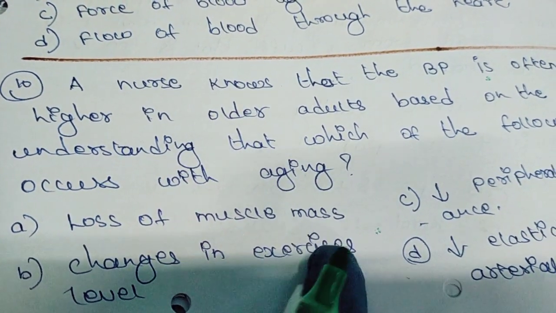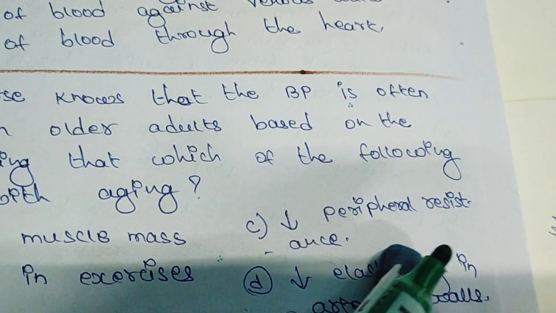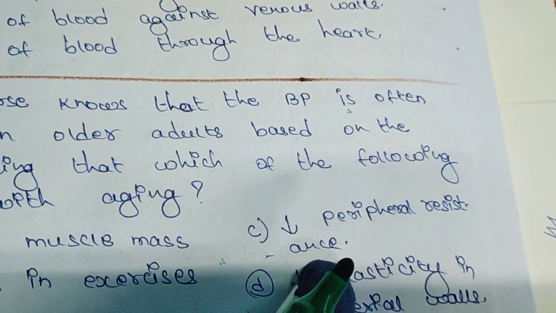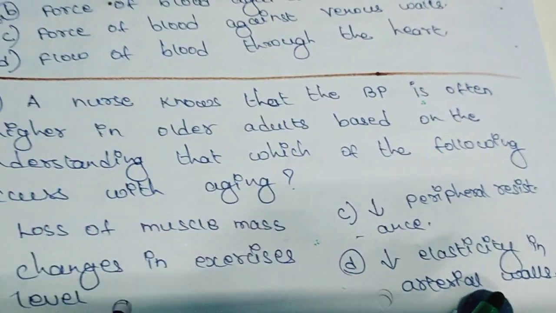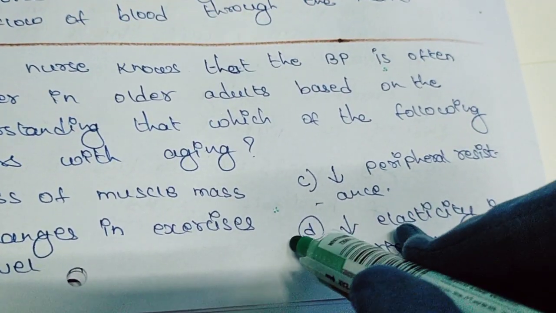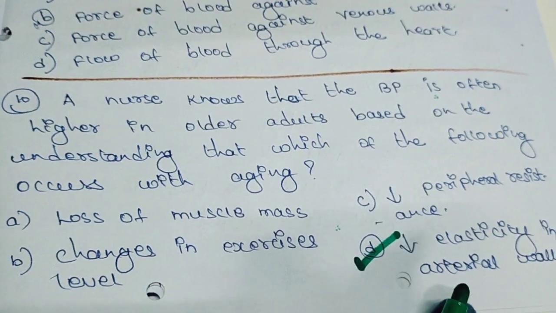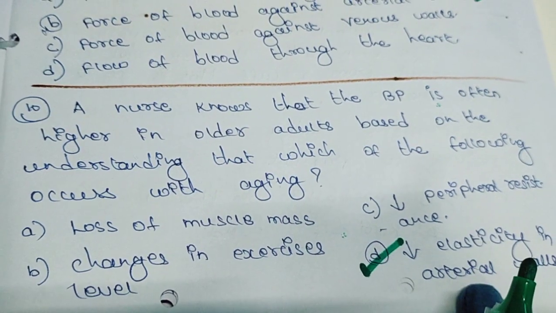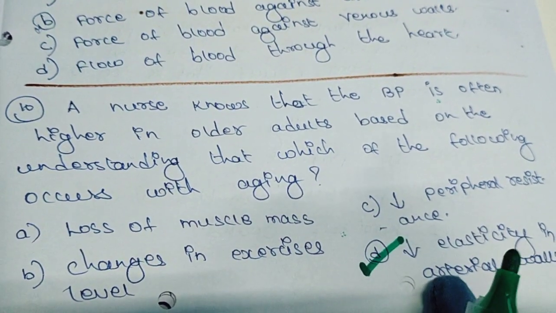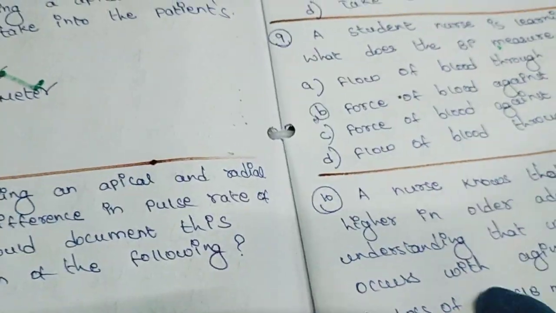Loss of muscle mass, changes in exercise level, decrease in the peripheral resistance, or decrease in elasticity of the arterial walls. What happens? The right answer is decrease in elasticity of the arterial walls. With aging, the elasticity of the arterial walls decreases, and this will cause a slight increase in the blood pressure when compared to adults. That is the right answer.